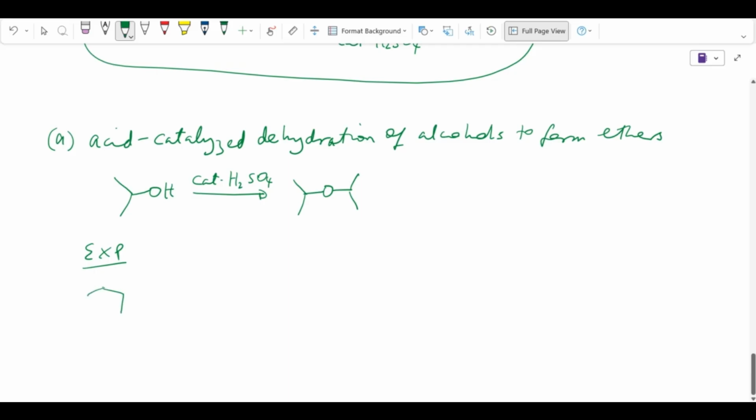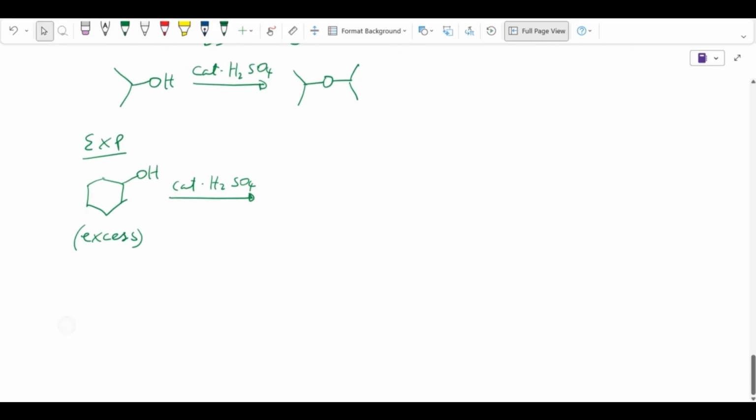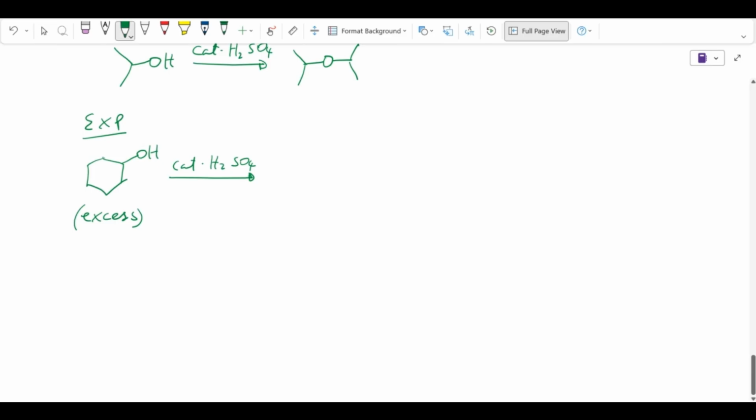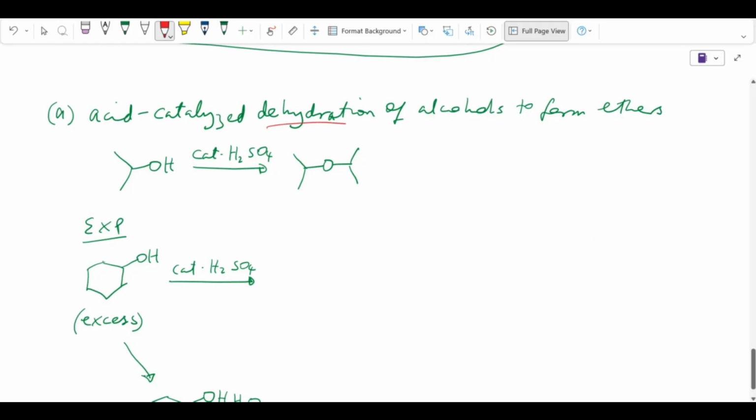A couple of examples: if you treat excess cyclohexanol with catalytic sulfuric acid, the product is going to be an ether. The way this works is, you have an alcohol, then you have another equivalent of the alcohol. Remember, I said that this reaction is acid-catalyzed dehydration.